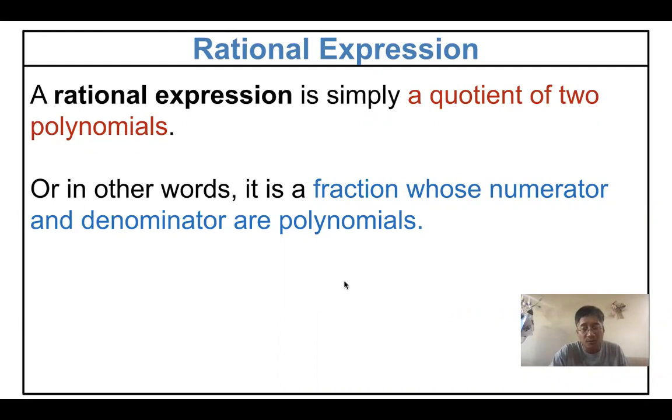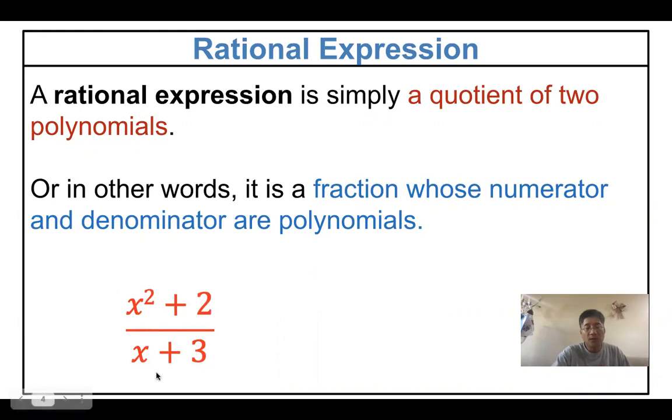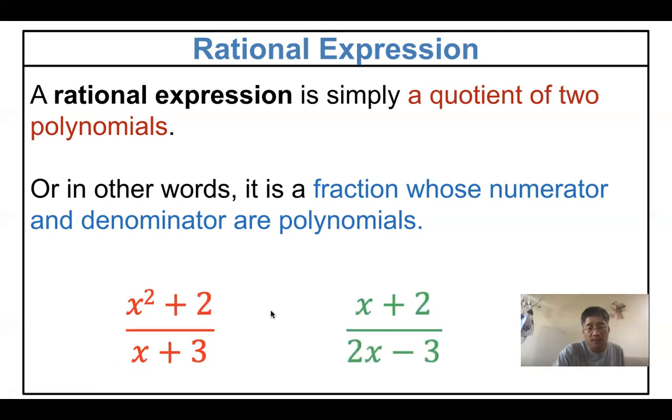Not a difficult word, right? Like this, x squared plus 2 is a polynomial over x plus 3. Even though it's a linear expression, linear is also part of polynomials. These are examples of rational expressions, right?